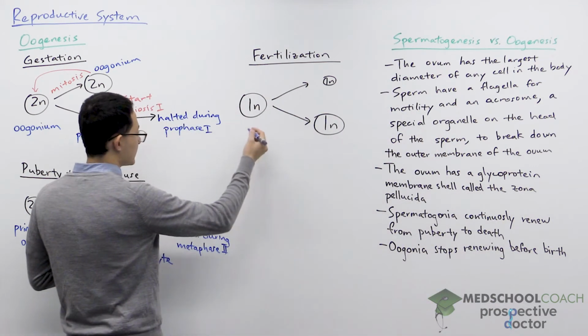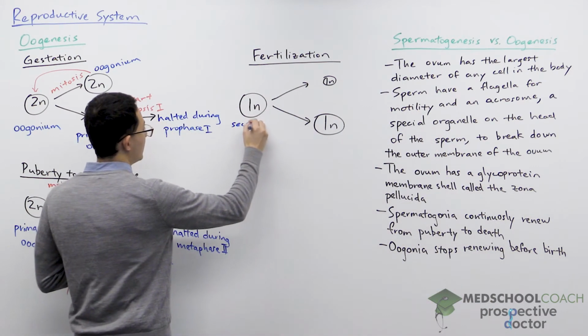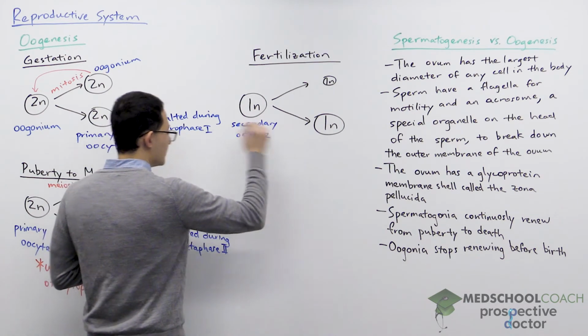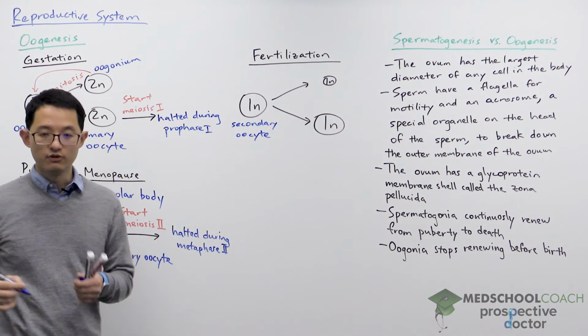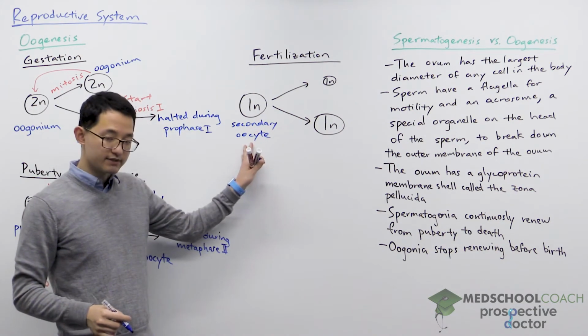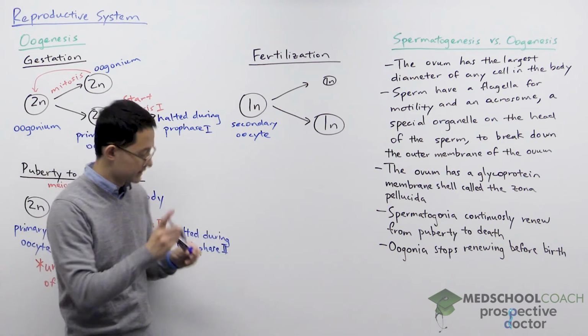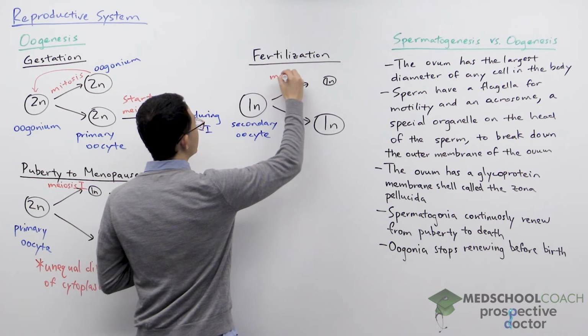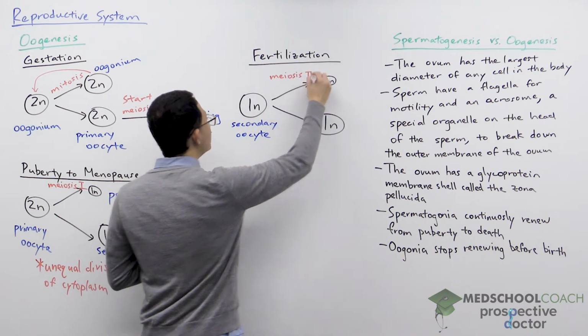So this is the secondary oocyte that is trapped in metaphase 2 of meiosis 2, and if a sperm comes along and fertilizes it, then the secondary oocyte will complete meiosis 2.